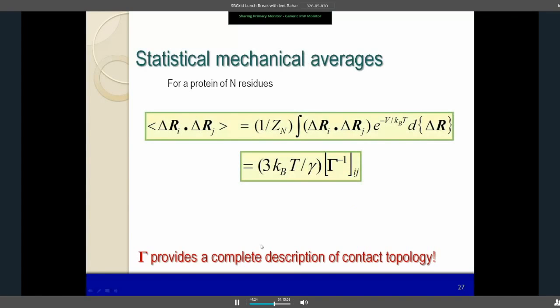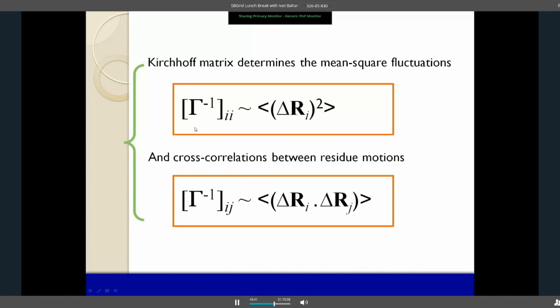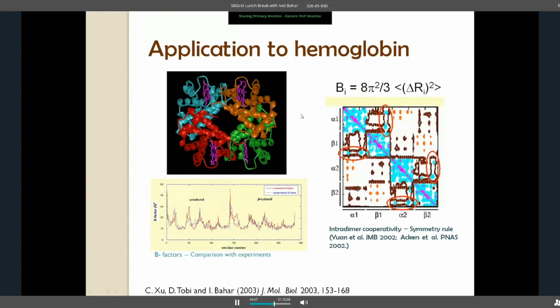It may be shown, I'm not going to go into the details, that the cross correlations between the fluctuations of residues may be obtained from the inverse of the Kirchhoff matrix. The ijth element will describe the correlation between residues i and j, and the ith diagonal element will give you the mean square fluctuations of the ith residue.